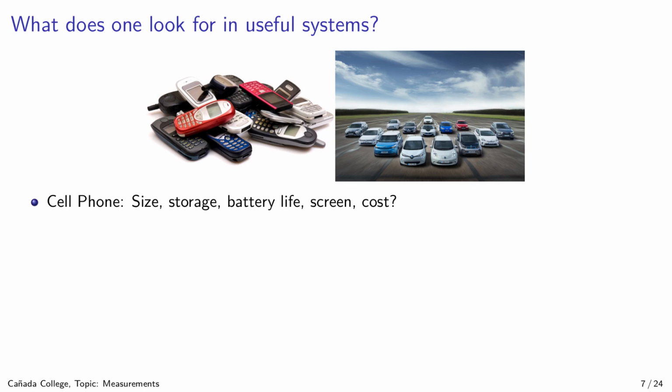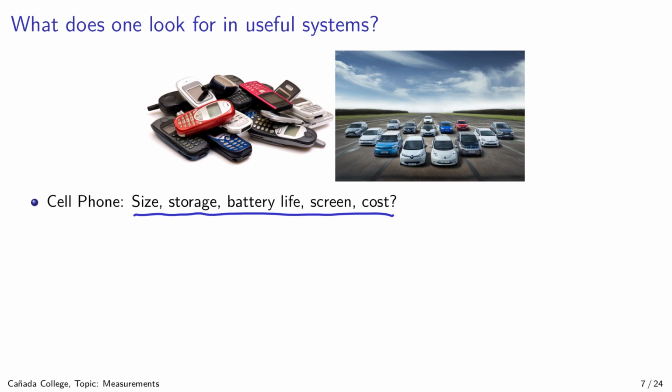Here are some of the things that I have put down. Of course, you'll have other features as well, but this is just a short list. You might want to think about how big the phone is, how much memory it can store in terms of photographs and videos, what is its battery life, how good is the screen, how large is the screen, how bright is the screen, how much does it cost, right?